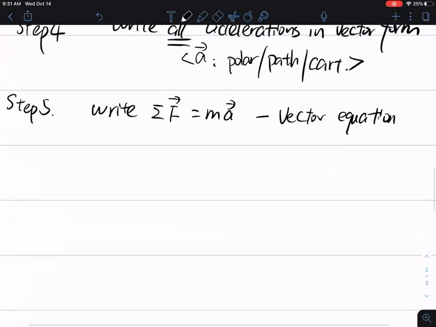Okay, you remember what we did in the first 3 chapters? Whenever we have a vector equation, what do we do after? Break it down to 2 scalar equations. Yes. Same deal here. Once you have that vector equation, break it into 2 scalar equations.